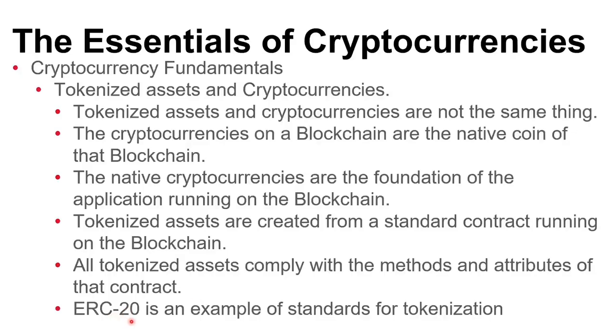And the ERC20 is a smart contract, and it's not even a very long smart contract, but it incorporates within it the standards for tokenization. So you can find any asset around your house, around your work, and in theory, you could use ERC20 to tokenize it.